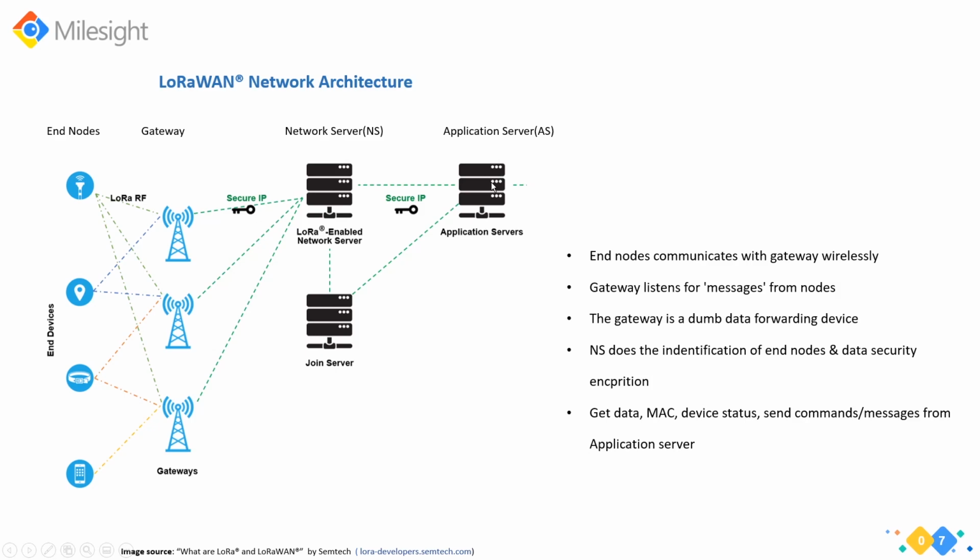This is the final destination of data, where you can get your data, manage devices, check the status, and send messages, or commands, back over the internet through the gateway to the end nodes. So that's the complete LoRaWAN network architecture.